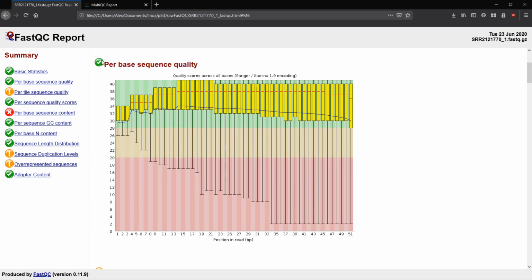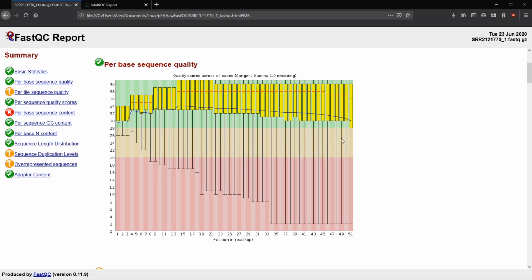For this, we have a pass, so that's good. You can see most of our reads are pretty high. But a warning for this per base sequence quality will actually happen if the 25th percentile here, if a base call for the 25th percentile is less than 10. So we have 10 here.